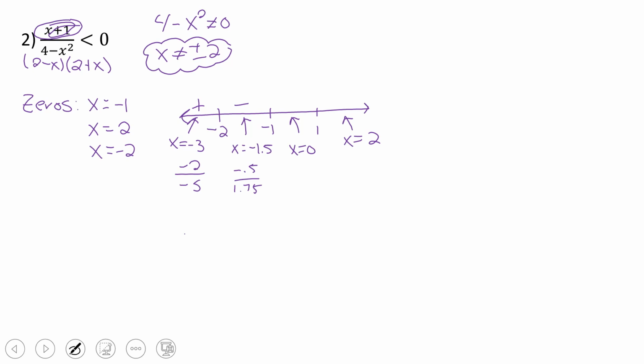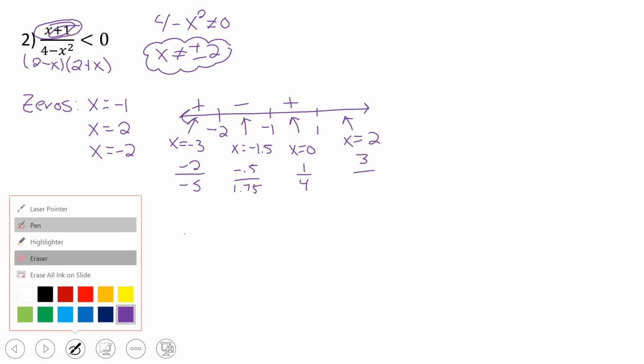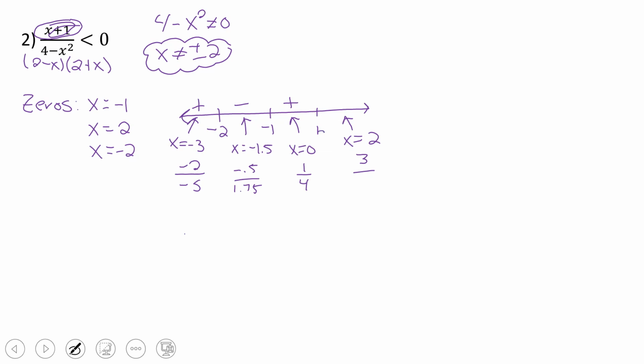If I plug in 0, that's going to be 1 over 4. So that's positive. If I plug in a 2, that's going to be 3 over, oh, I used a wrong number. Let's see. This isn't a 1.